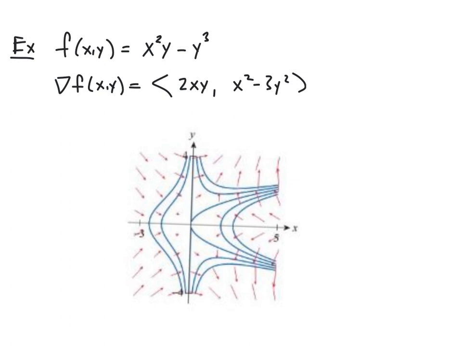These were formed by setting the function f of x, y equal to certain constants and drawing those curves in the plane. Now what you'll notice is that every time one of these arrows intersects one of these level curves, that relationship is orthogonal. So this vector field is orthogonal to all of the level curves in the plane.